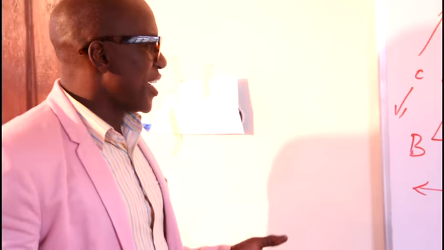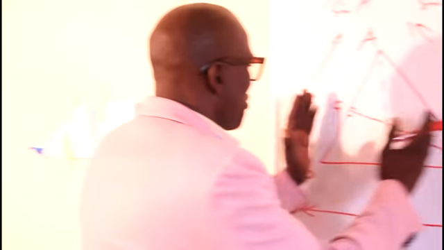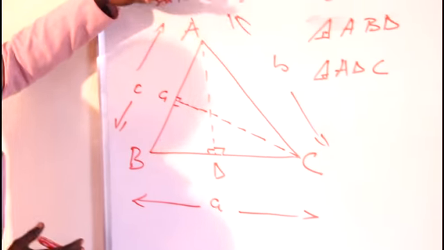So on this side we have two, and on this other side we also have other right angle triangles.